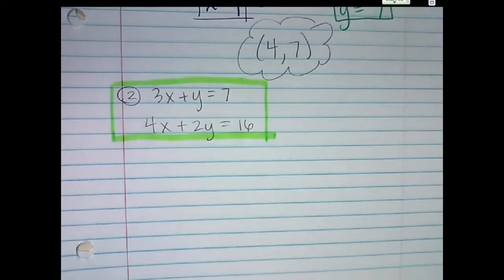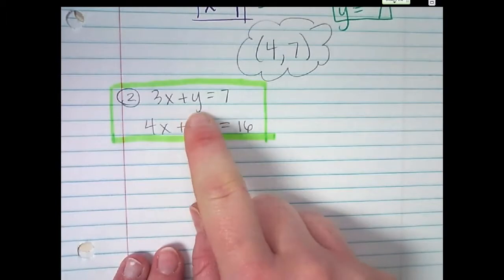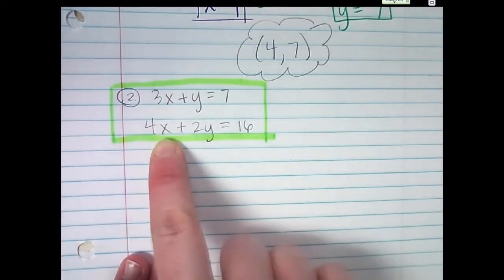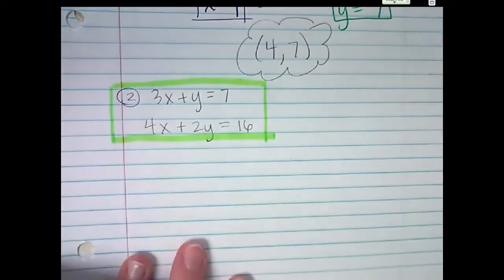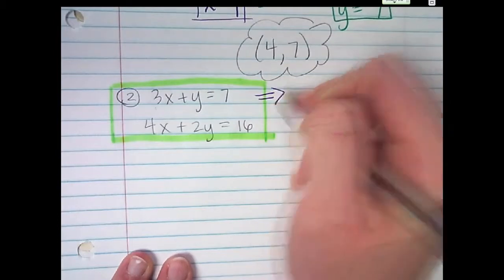So we don't have a variable by itself. You can pick the x or the y. The easiest to pick though is if you already have, like this y is already a positive 1y, so I want to get that y by itself. You could pick the x, you could pick the second x, or the second y, it doesn't matter. I'm going to pick this first one because I can't do any substituting until I have a variable by itself.